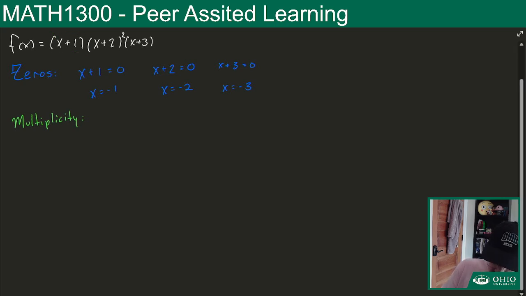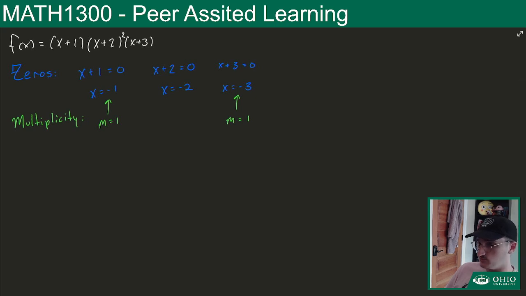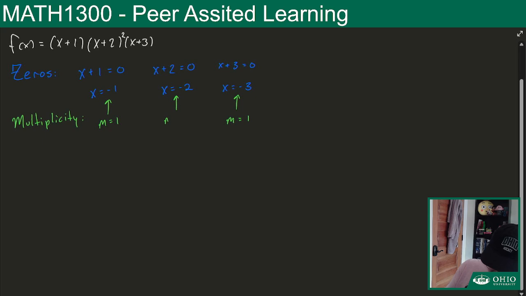So the multiplicity in this case is m equals 1. And the same goes for x equals -3, actually. M equals 1 as well. And the one interesting case we have is that term, as I mentioned earlier, x plus 2, that is squared, and that's raised to a power of 2. And so the multiplicity in this case will be m equals 2.